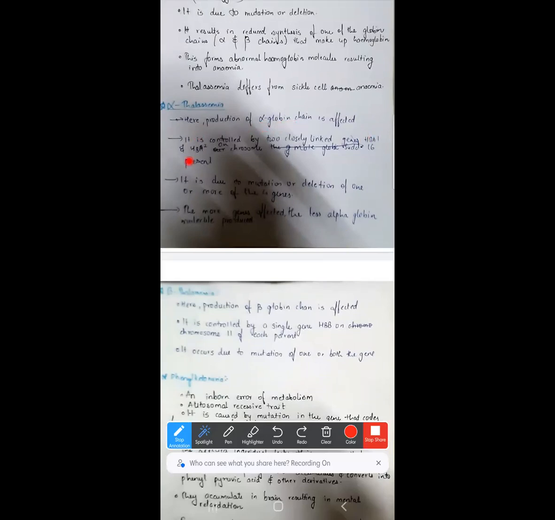It is controlled by two closely linked genes, HBA1 and HBA2, on chromosome 16. It is due to mutation or deletion of one or more of the four genes. The more genes affected, the less alpha globin is produced.